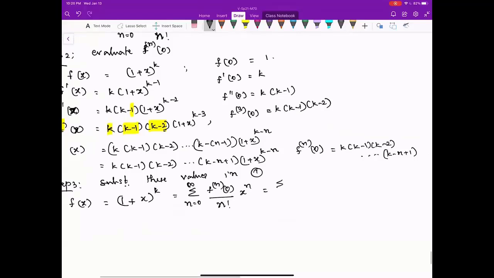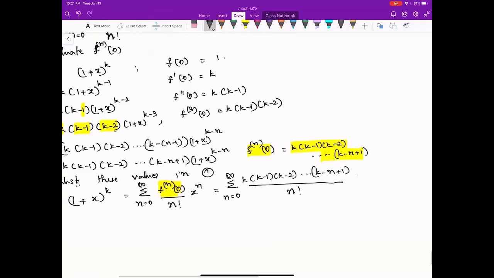We will substitute for the nth derivative at 0 what we had evaluated: k times k minus 1, k minus 2, etc., up to k minus n plus 1, over factorial n times x to the power n.